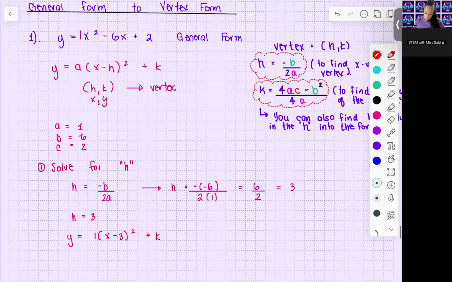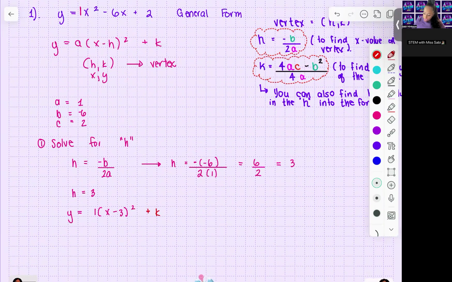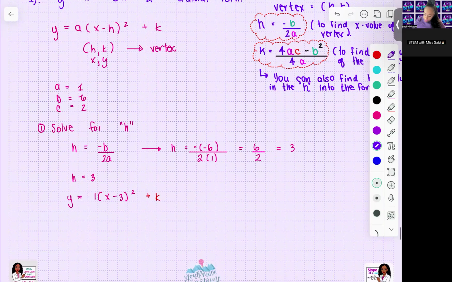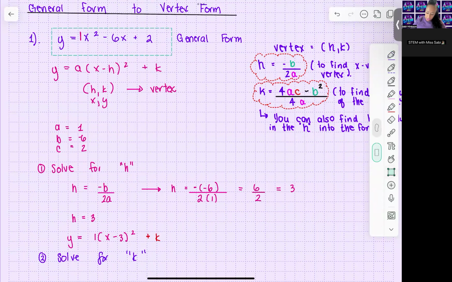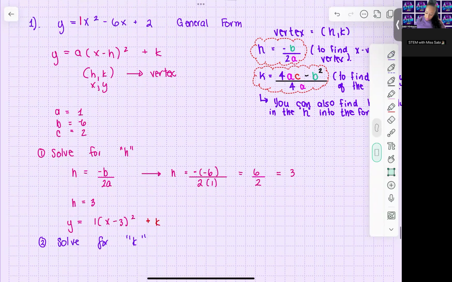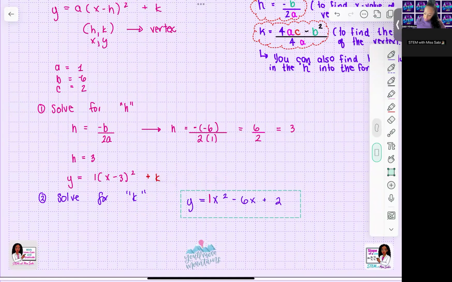What I can do is go back to the original formula, which is in general form over here. I'm just going to copy that.